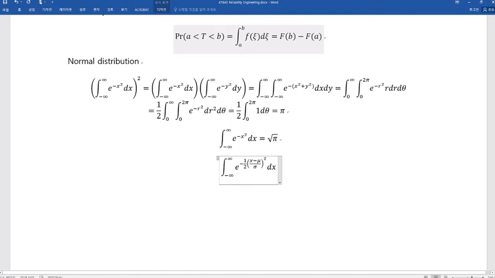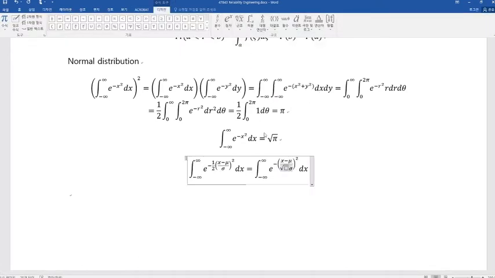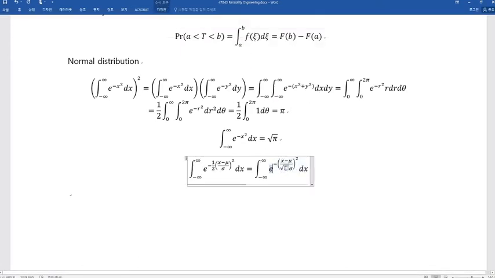In this case, if we insert 1 over 2 inside of this parenthesis, then square root of 2 will be placed here.